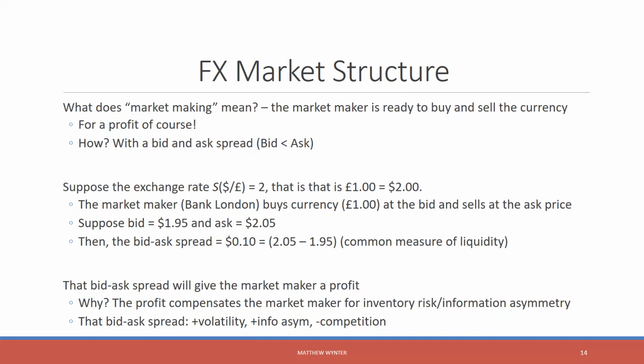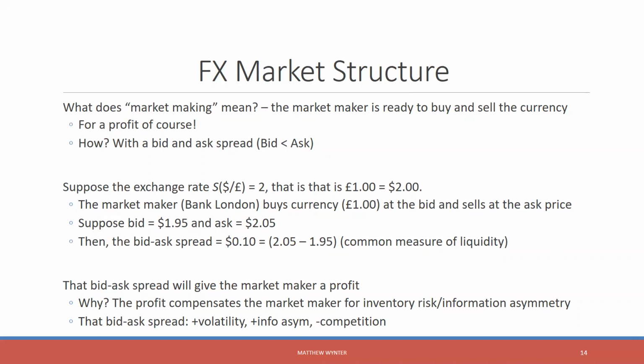Suppose the exchange rate, the spot rate in the market for the dollar to pound is 2. That is, 1 pound costs $2. The market maker, who we'll call Bank London, is willing to buy the currency at the bid and sell at the ask price. Suppose that the bid is $1.95 and the ask price is $2.05. Okay, I'm buying at the bid and I'm selling at the ask.